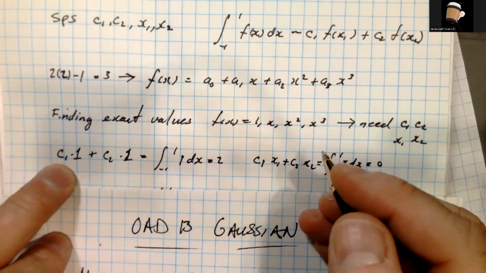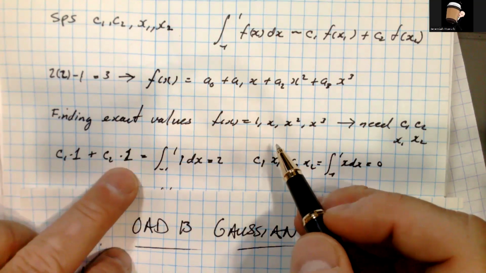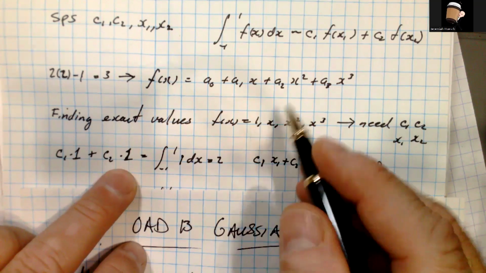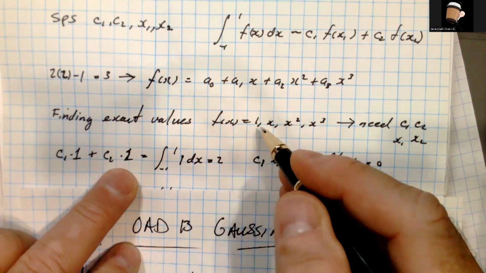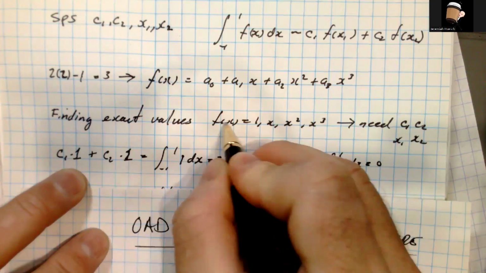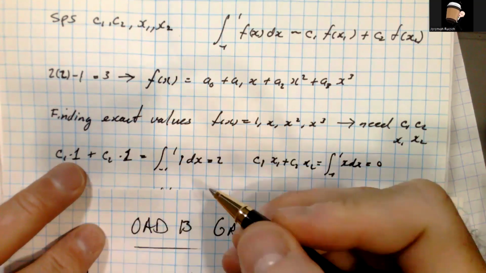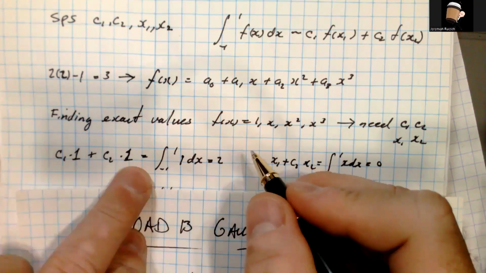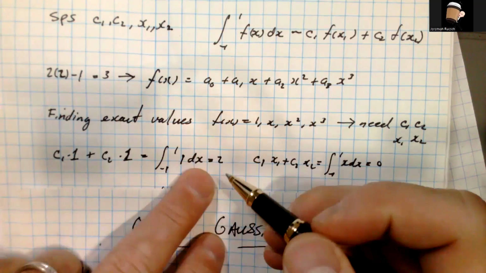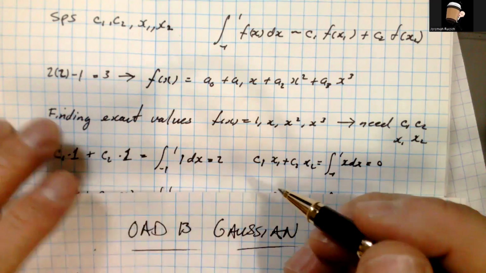That may be confusing, so let me clarify. We're saying the value of the function f is 1 at these points, and then we're going to integrate that over the interval, which gives us the integral from -1 to 1 of 1, which is 2.